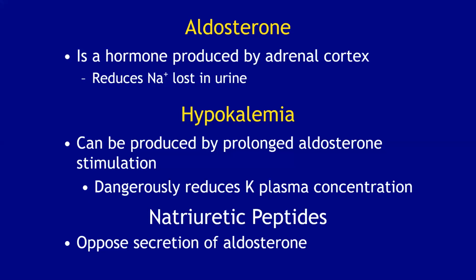So prolonged aldosterone stimulation reduces the amount of potassium that you have in your plasma. We have something that are called natriuretic peptides, and they do the opposite of what aldosterone does. So it increases the amount of sodium lost in urine.